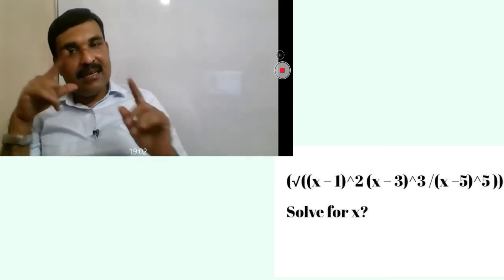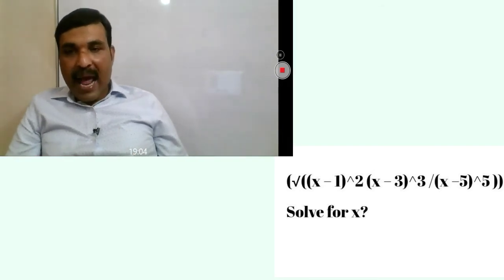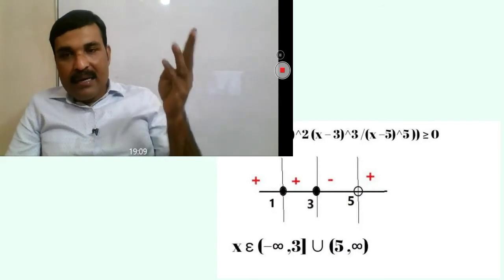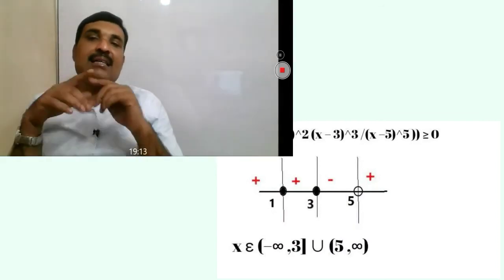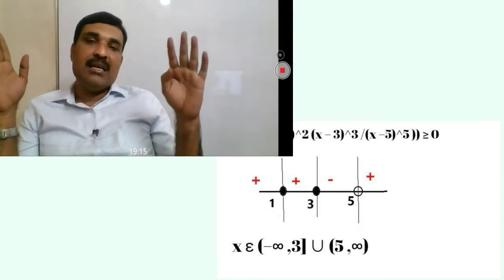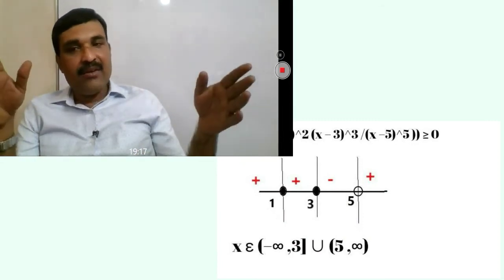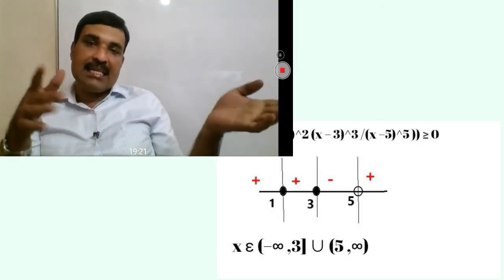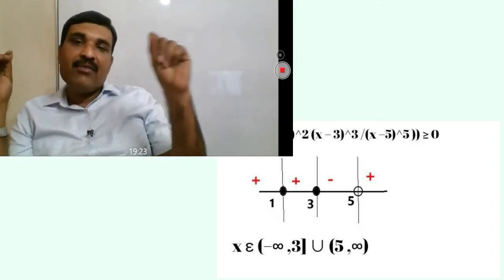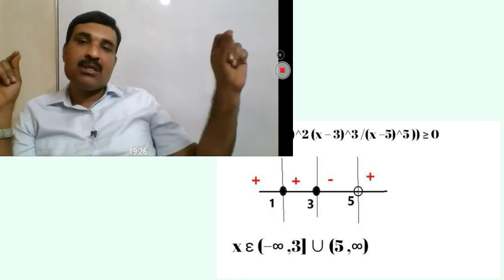Now we trace the points x equal to 1, x equal to 3 and x equal to 5. Mark these points 1, 3 and 5 on the number line. These points will divide the number line into 4 regions: x greater than 5, in between 3 and 5, in between 1 and 3, and x less than 1.